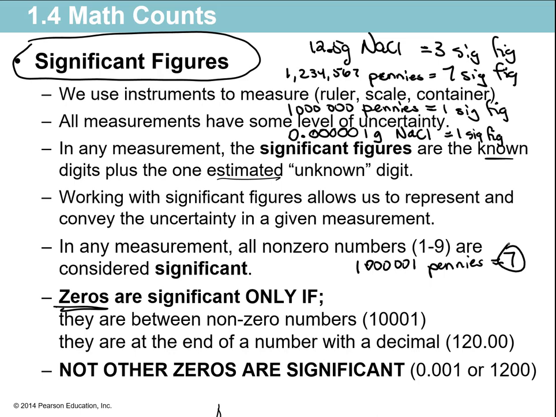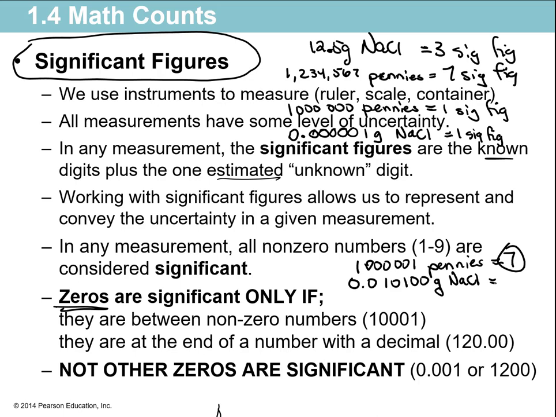And it doesn't matter if the zeros are before the decimal or after the decimal. If they're after a number at the end with a decimal anywhere in the number, then they're considered significant. So in this one, if I had 0.01000 grams of salt, how many significant figures in that number? 5.